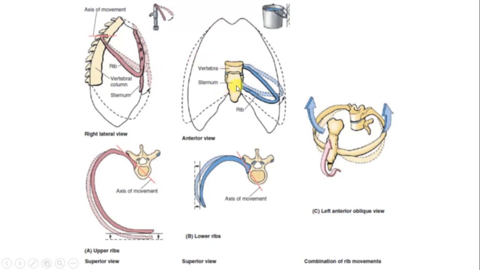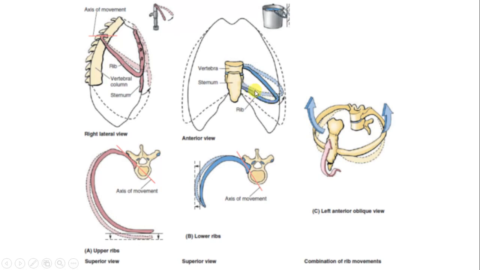In the second diagram, we are seeing that one part of the rib is attached to the vertebra behind, but anteriorly it is attached only with the chondral joints of the above rib, meaning the lower ribs.